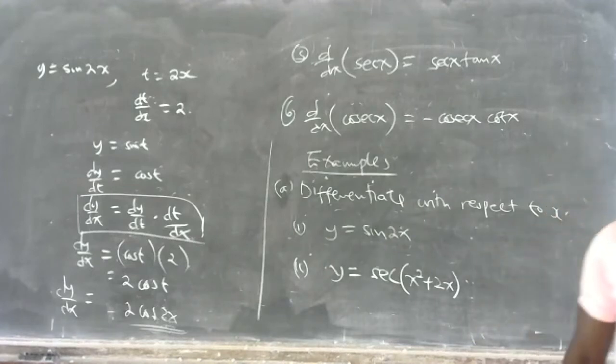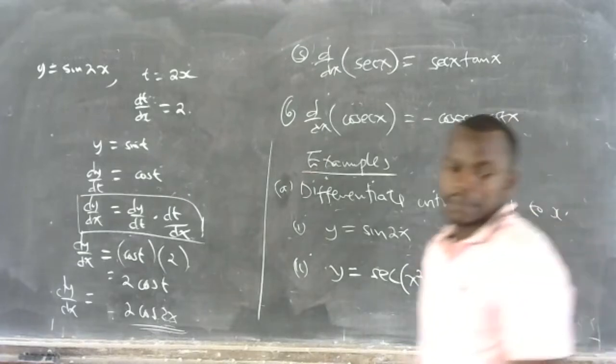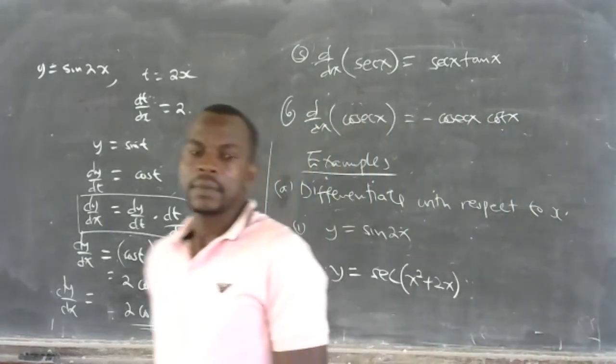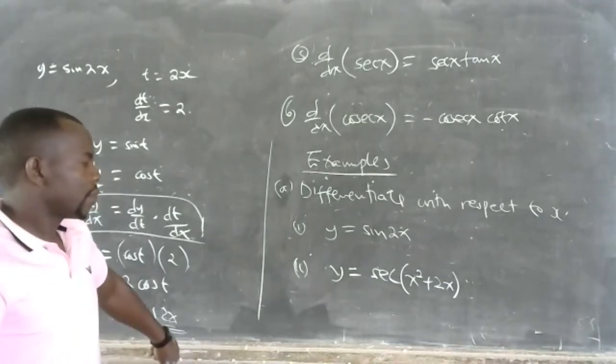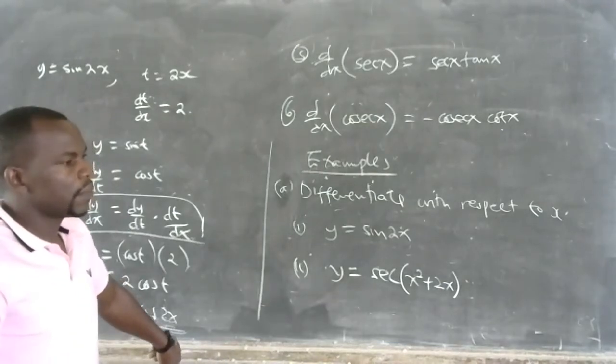Then y equals sec t. To find dy/dt, when differentiating sec, you get sec t tan t.